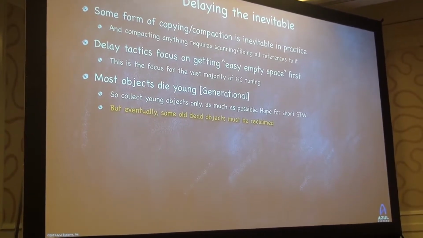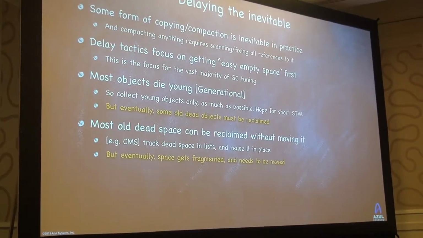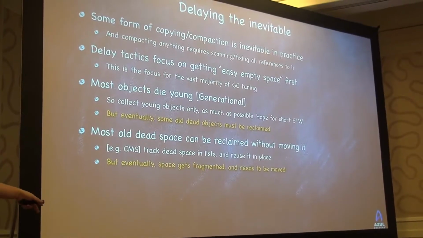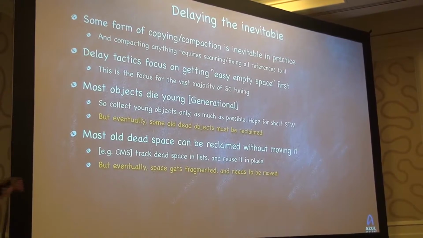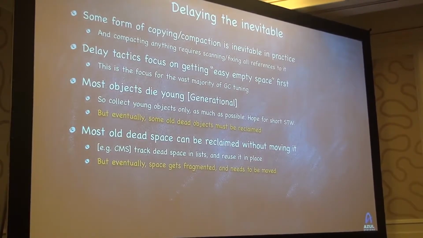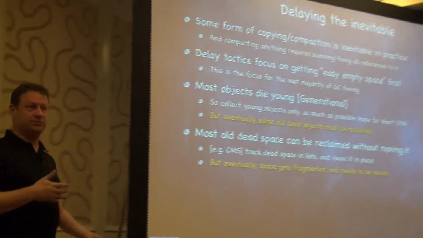Not to get rid of them, but delaying them. And it actually finds a lot of efficiency in the process. And then when we say, well, I still have to collect the old generation, you can say, well, maybe I don't have to compact it as often. So maybe I can collect it concurrently and sweep it concurrently without having to stop the world, or not for long. But eventually, you do have to compact it.